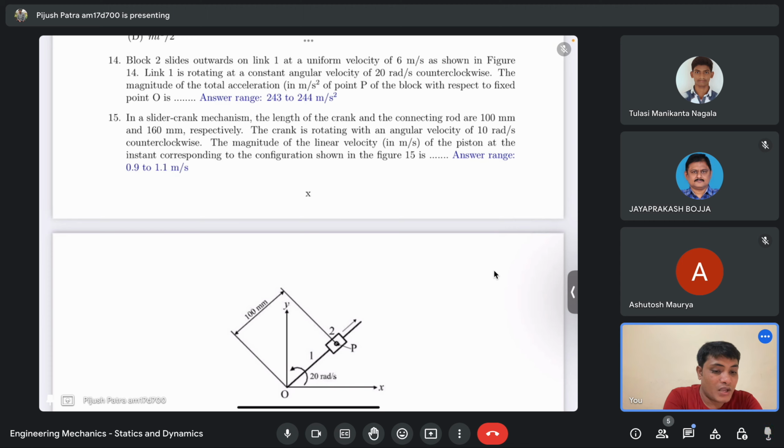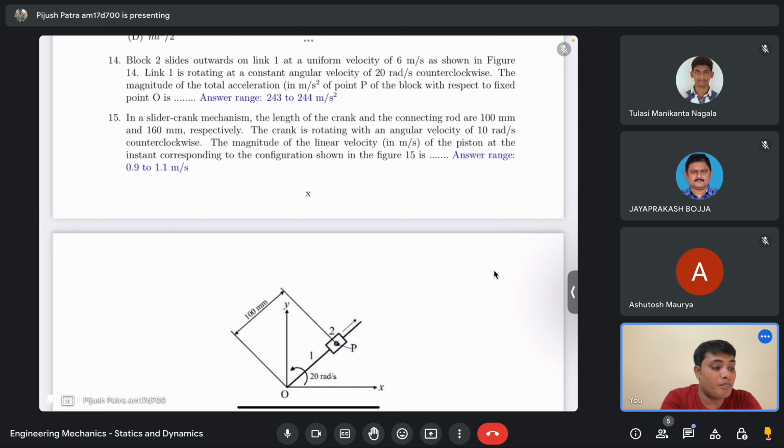Omega is the angular velocity and alpha is the angular acceleration. Just like a is equal to dv by dt, alpha is equal to d omega by dt, and it is moving with a constant angular velocity. That means the tangential component is 0.